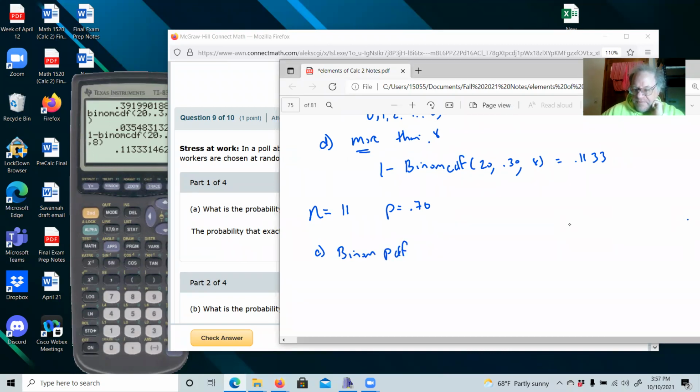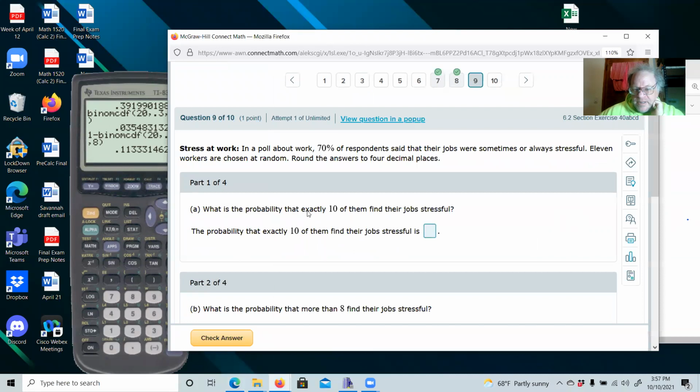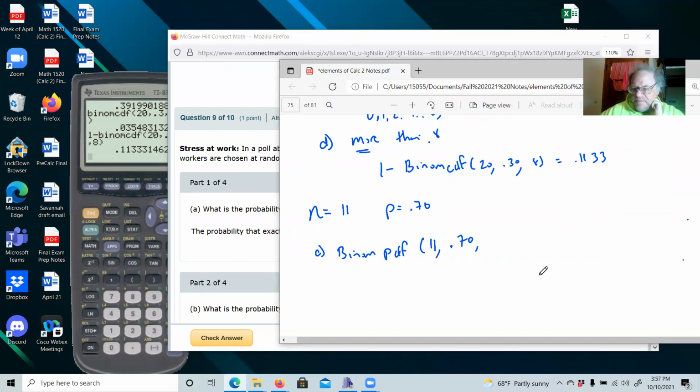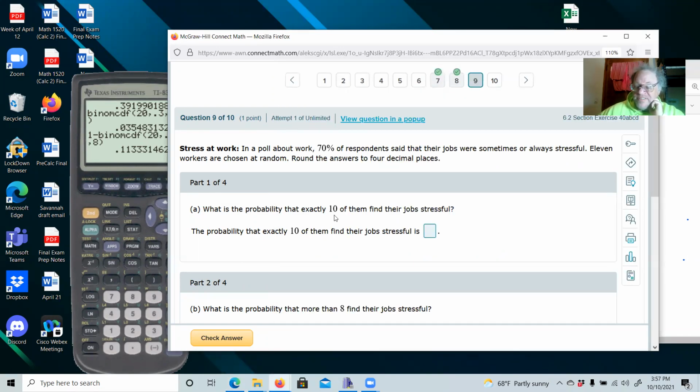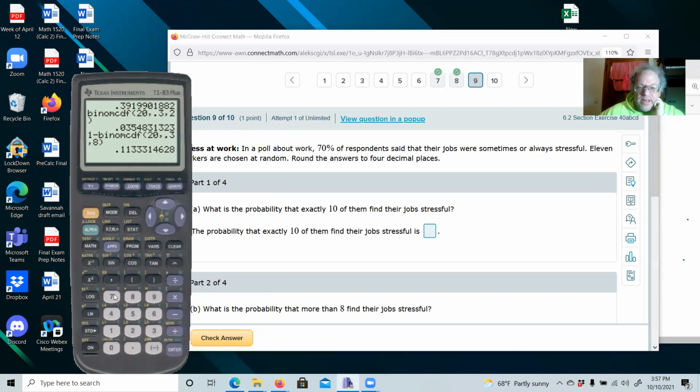for a particular, right? We're going to have 11 people. We have 0.70. What is the number we are interested in? 10 of them. It doesn't say 10 or more, doesn't say less than 11, it says exactly 10. So that's why we're doing it this way. All right, so what do we have here?